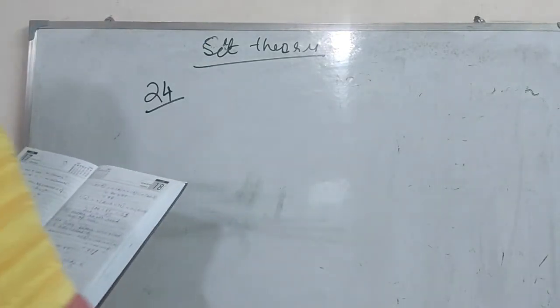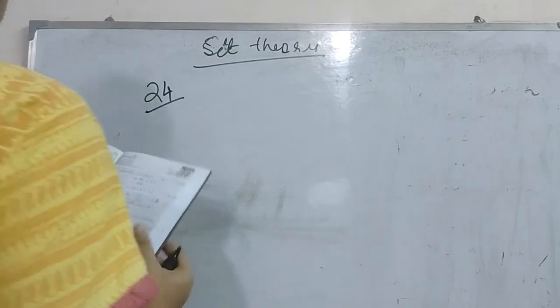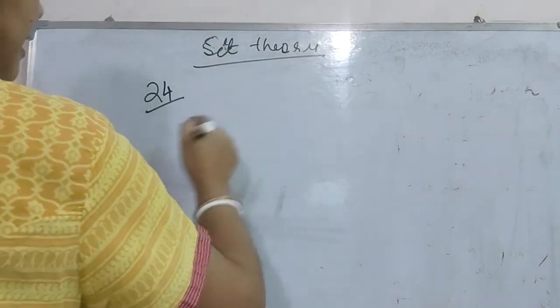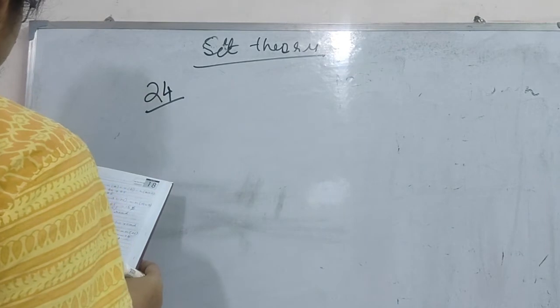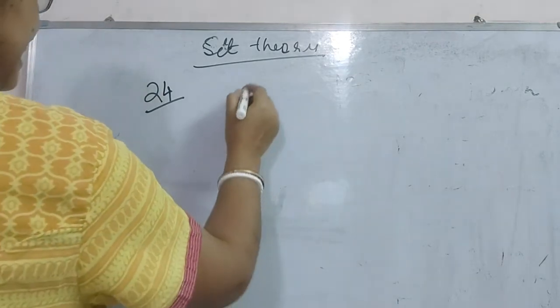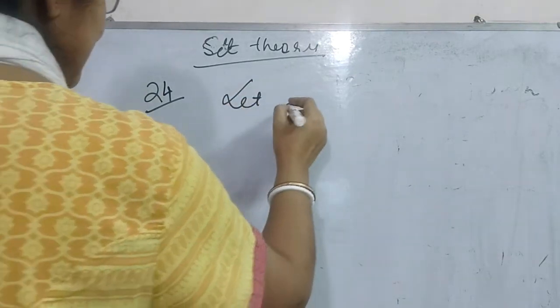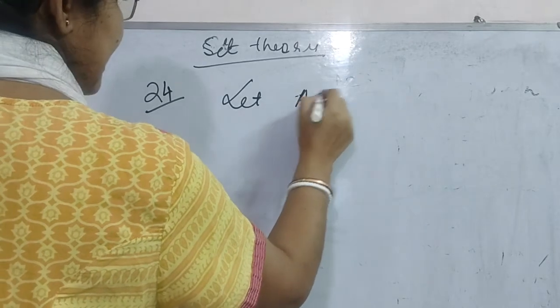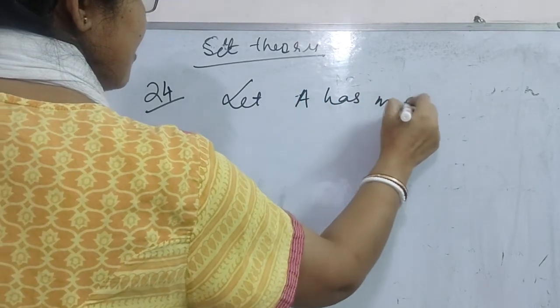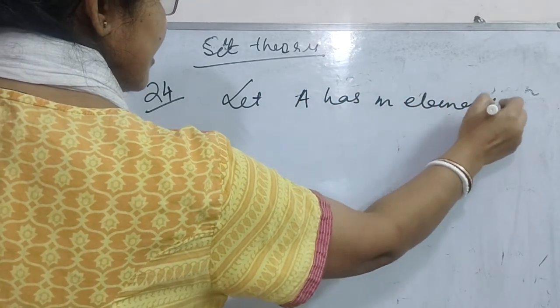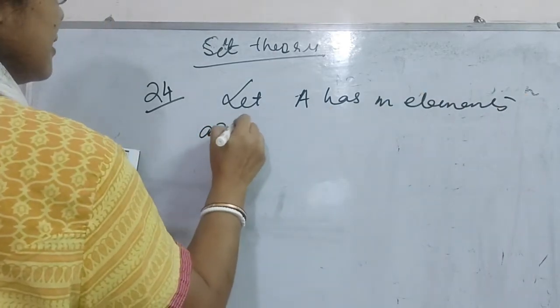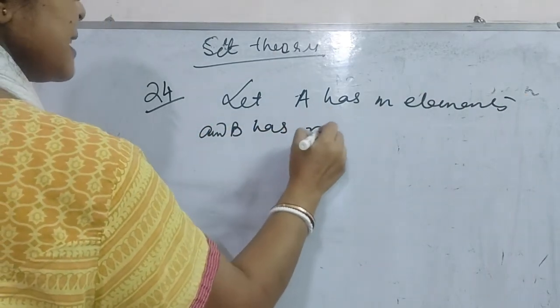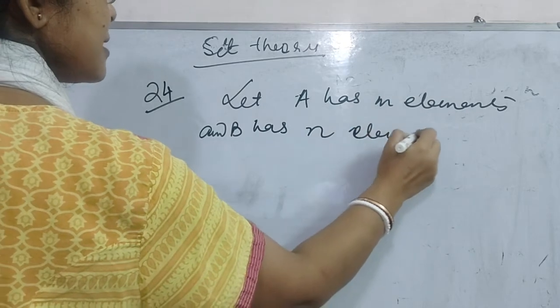That means here A has m elements and B has n elements. Let us assume that A has m elements and B has n elements.